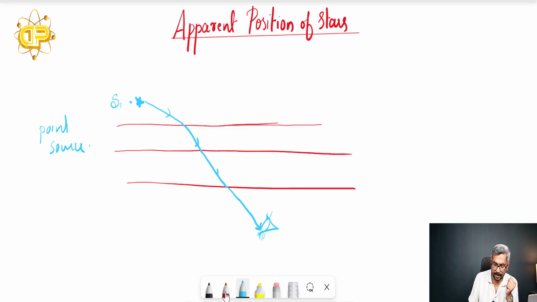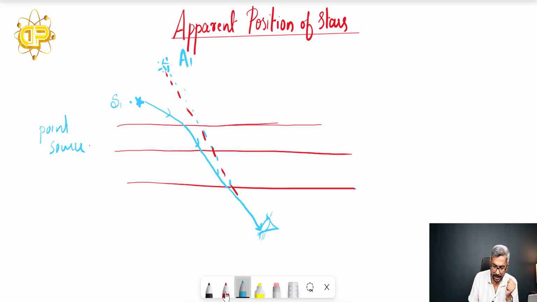And it reaches your eyes like this. But your eyes have only a special feature that they can see in a straight line. So the line goes on like this, and you will see the star somewhere here at this position, apparent position A1.